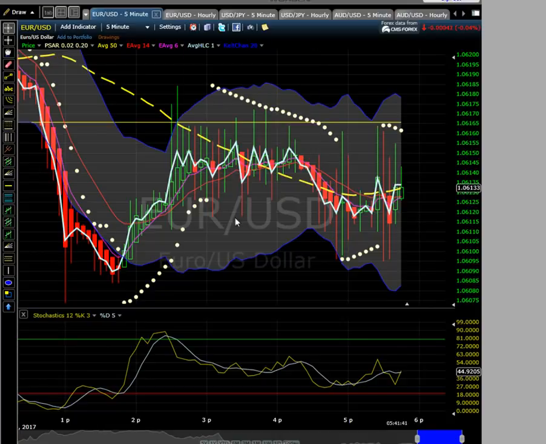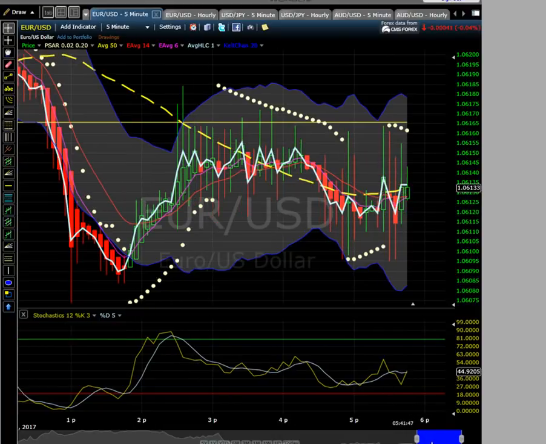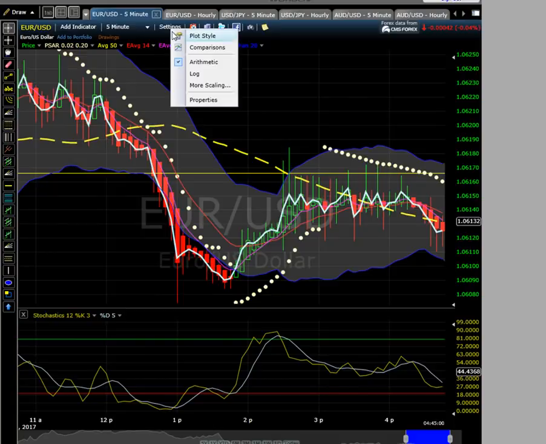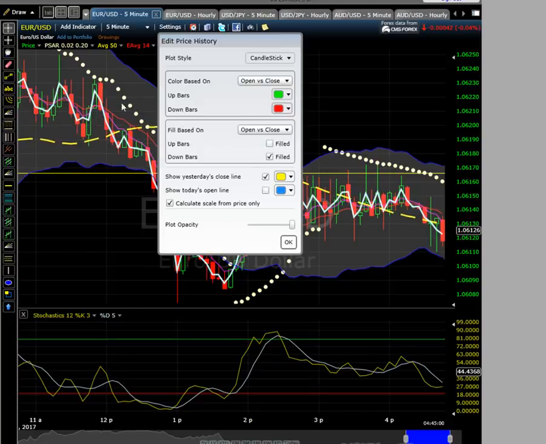The reason is I felt that it's more accurate to the actual price, but also because in Heikin-Ashi candles, you don't have actual candlestick bars, so you don't really see what the market actually looks like. You only see what it looks like in Heikin-Ashi. If I were to change it to candlestick bars, you will notice that the market will look totally different.